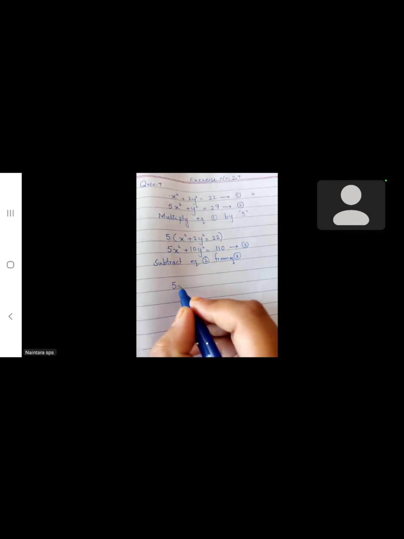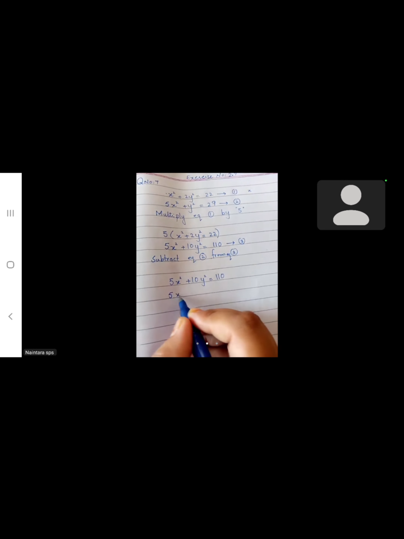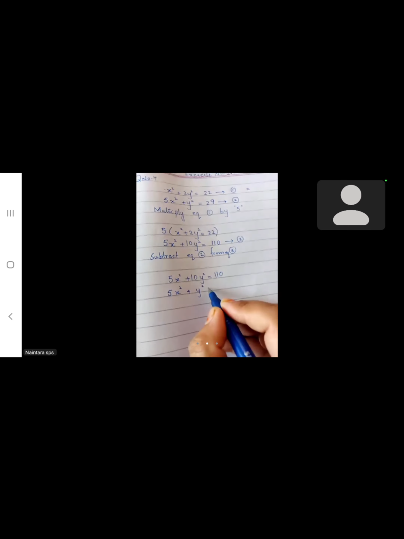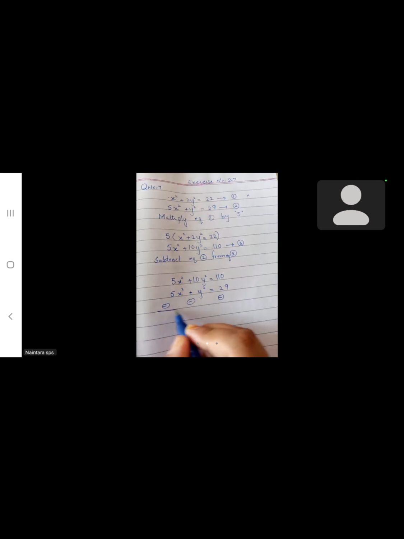So first you write equation number 3, that is 5x square plus 10y square is equals to 110. And then 5x square plus y square is equals to 29. You need to leave one line because we are going to subtract, so we will change their signs as well.